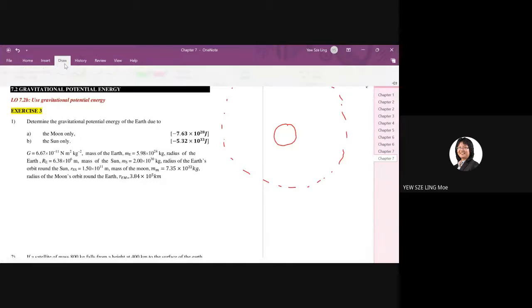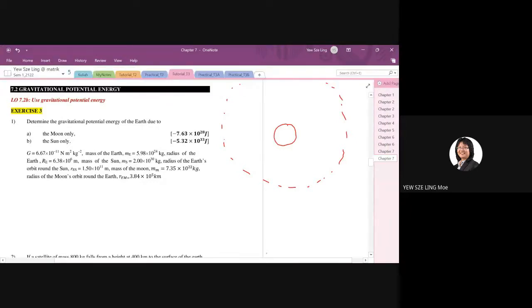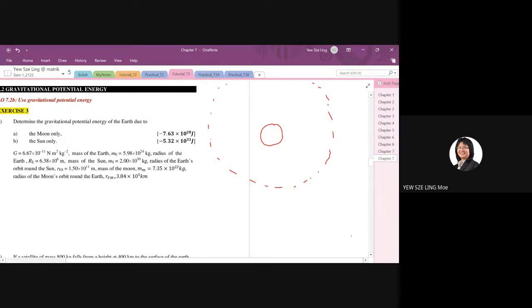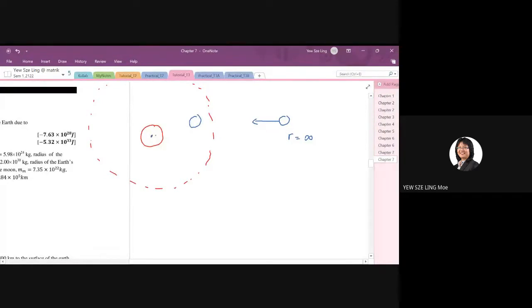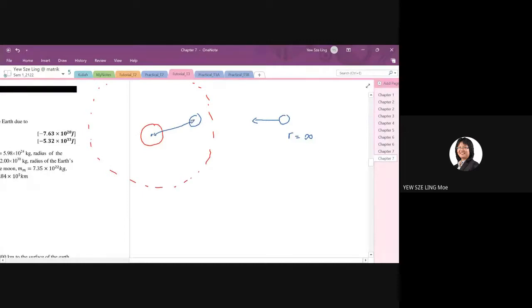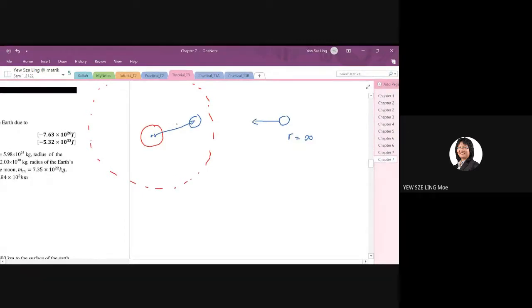Let's assume initially there's nothing inside this field, and now you bring something from outside the field. Let's say this is r equals infinity. You bring it from infinity into a point in the field, so that the distance between the object and this blue object is r.